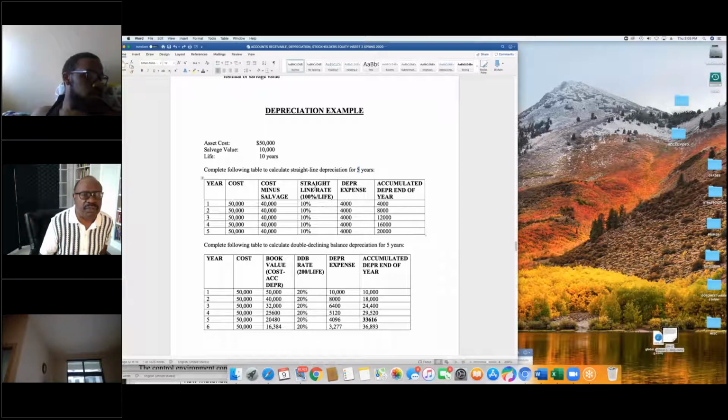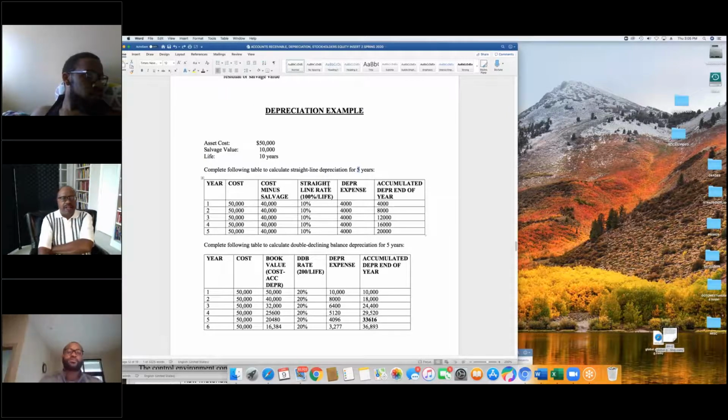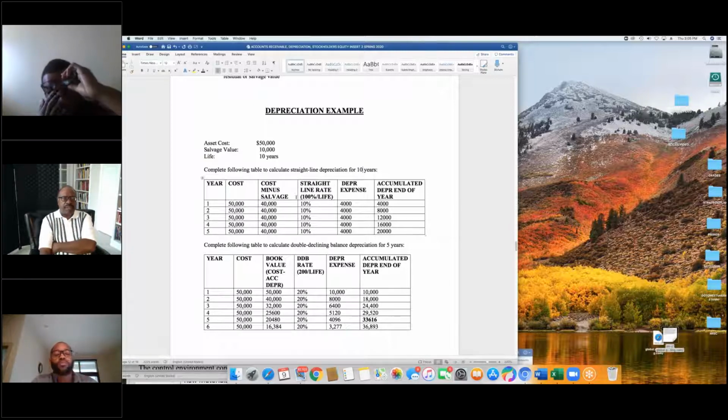Can you see this? Yes. All we're doing here is dividing whatever the life is, which is 10 years. I don't know why this 5 came back up in here. We're dividing it into 100%. So to get your rate, it's just 100% divided by the life, okay? It's supposed to be 10.